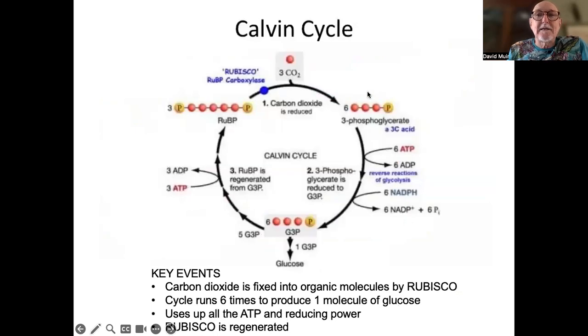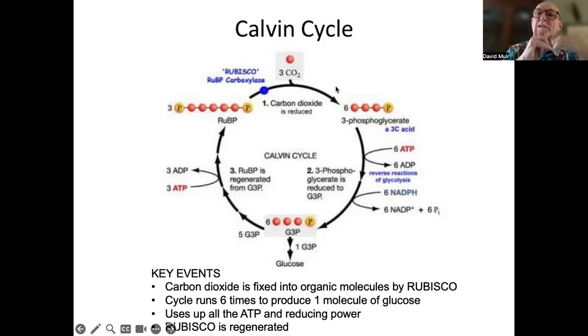And instead, all of those products, the reducing power NADPH and the ATP, are now used in this very, very metabolically expensive process. What happens is we're going to take carbon dioxide, a simple molecule, and we're going to push it through this cycle, and for every single carbon dioxide molecule, we're going to run the cycle 6 times.